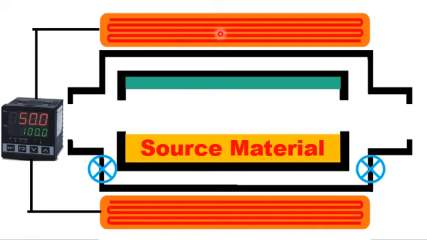Usually the temperature of the heater used in closed space sublimation is slightly more than the melting temperature of the source material. So the temperature controller will fix the temperature of the heaters slightly above the melting temperature of the source material.